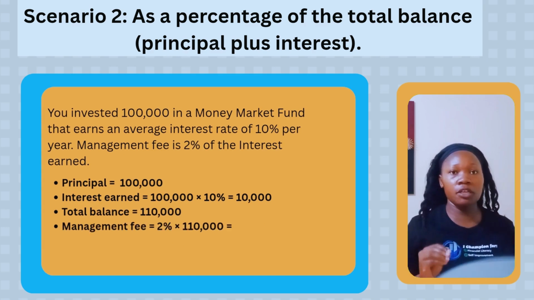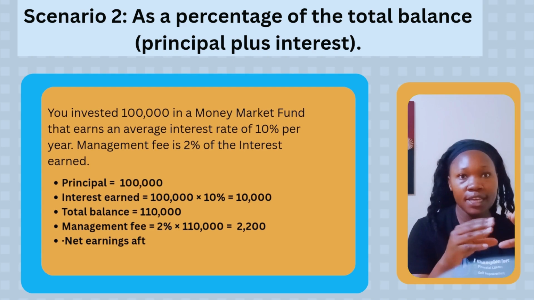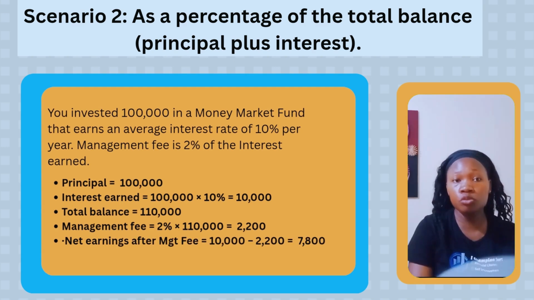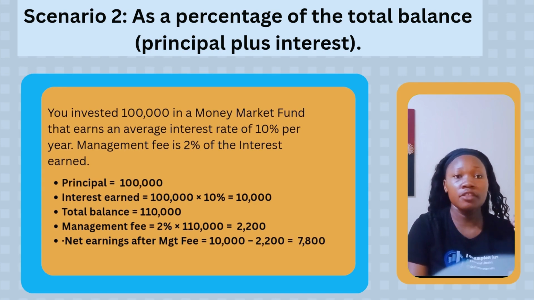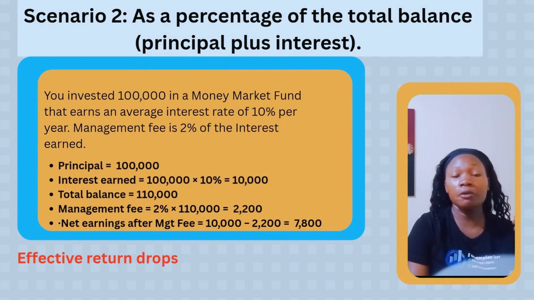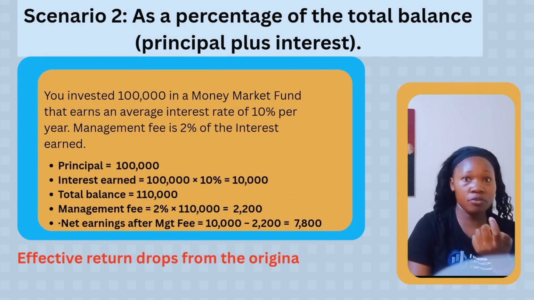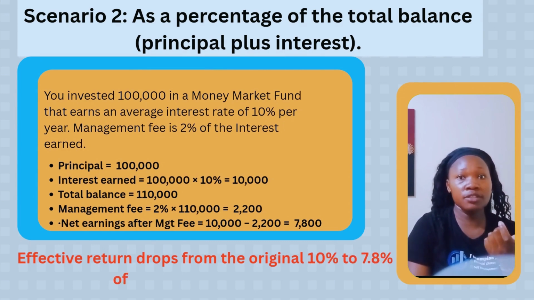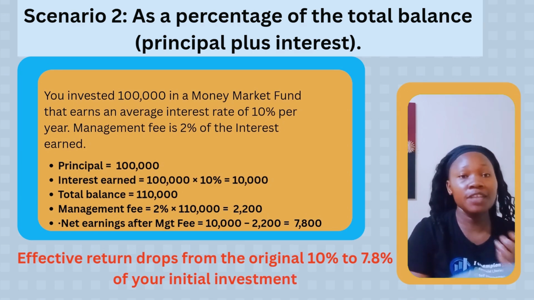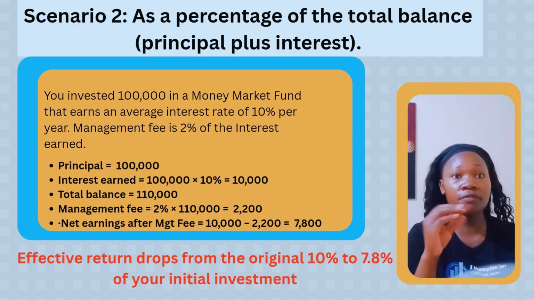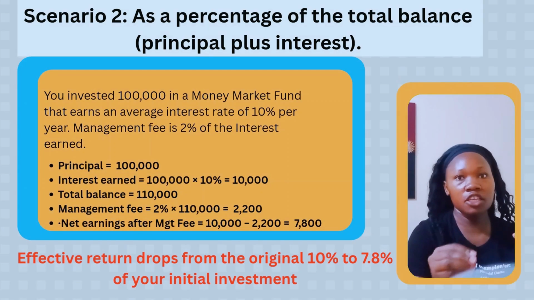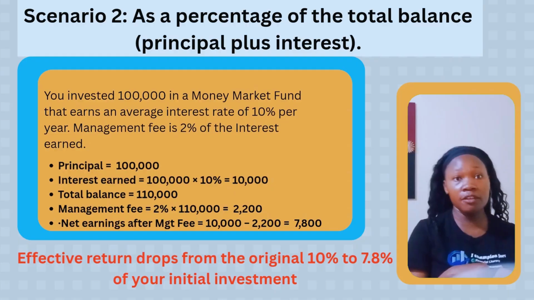To get management fee, you are going to take 2% of the total, which is 110,000, to get 2,200 as the management fee that you are going to pay. The net earnings after management fee will be 10,000, the interest you earn, minus 2,200 to get you to 7,800. After this deduction, your effective return drops from the original 10% to 7.8% of your initial investment.